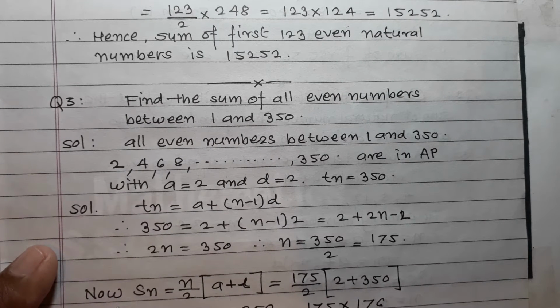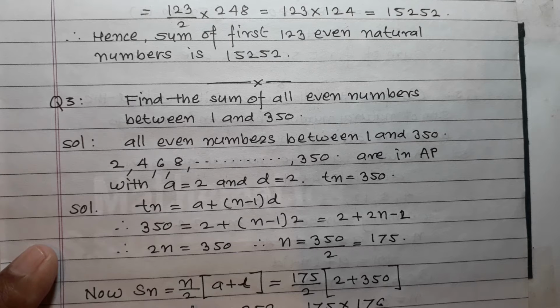Now Sn is equal to n upon 2 into bracket a plus l. Here I use the formula where the last term is known. So Sn is equal to n upon 2 into bracket a plus l, and therefore 175 upon 2 into 2 plus 350.